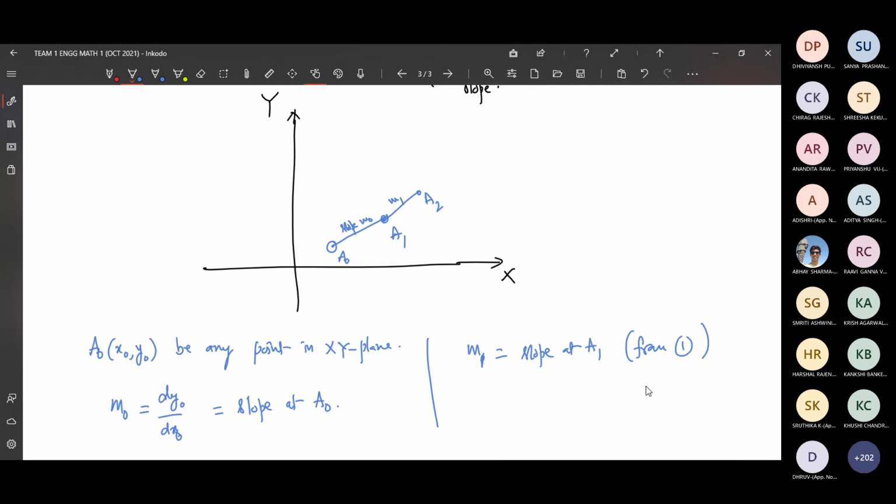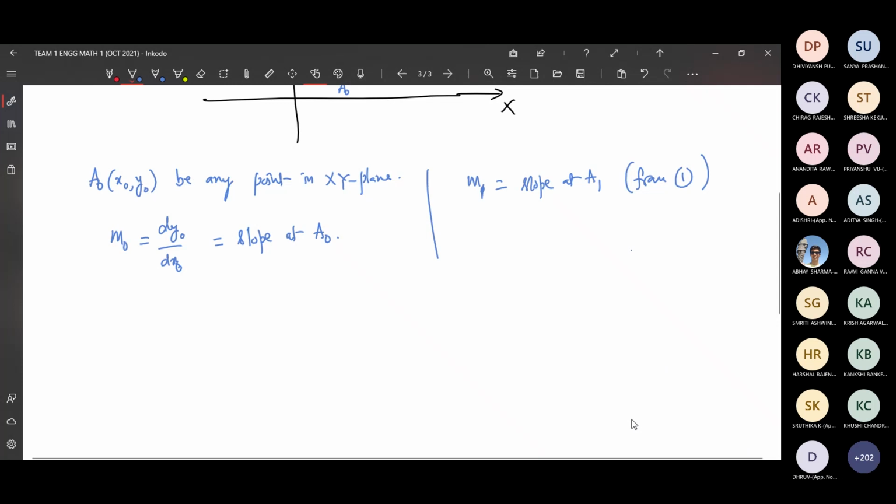With this slope again you take a neighboring point A2, and continuing in this way you will get A3, A4, and so on, with the corresponding slopes. So m1 is the slope at A1, which means dy1 by dx1.